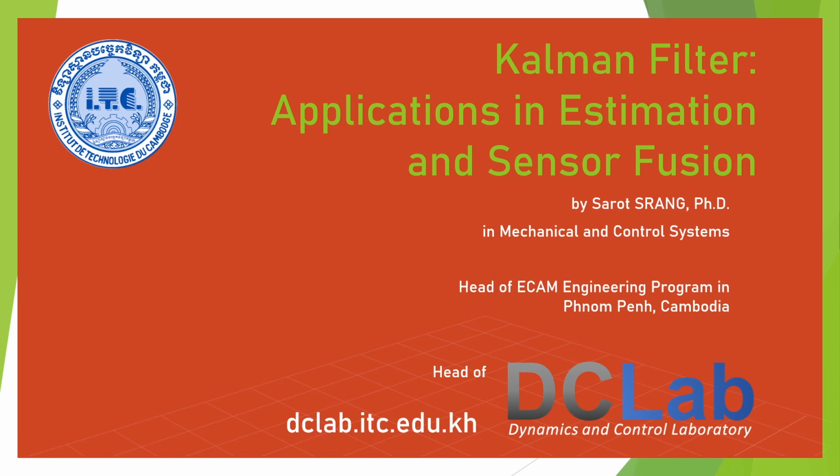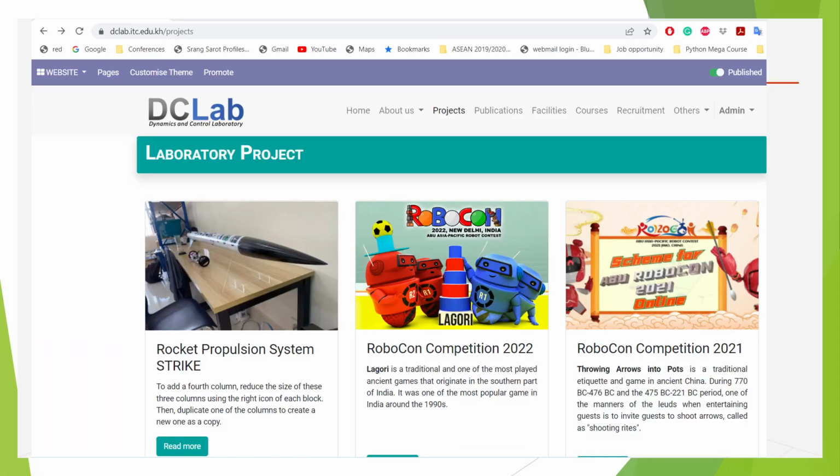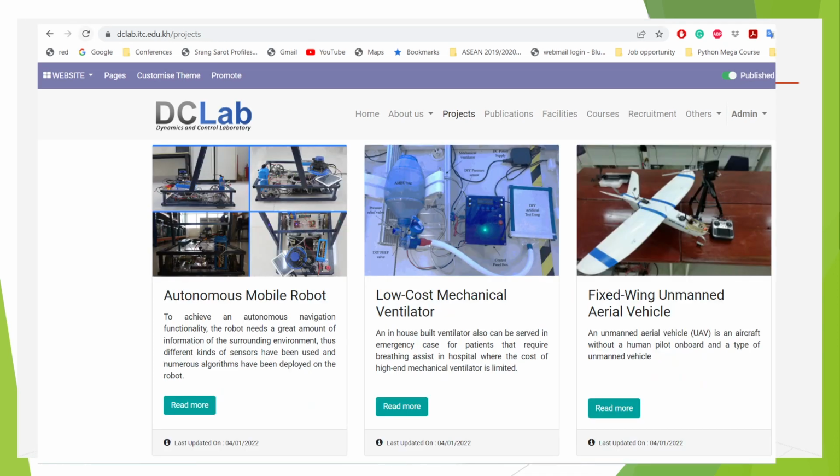It's called Dynamic and Control. If you want to see more about myself and my team and my laboratory, you can go to the website, DCLab ITC UK. So we have several projects, partly related to development only. Some of them are research. For the robot and UAV, they are very research intensive, but others are just development for students to join robot contests or something like that.